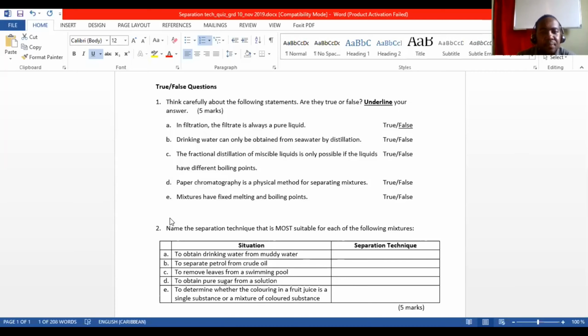Any other one that you think? See if we can eliminate. Oh, desalination. Desalination is removing the salt from a substance.